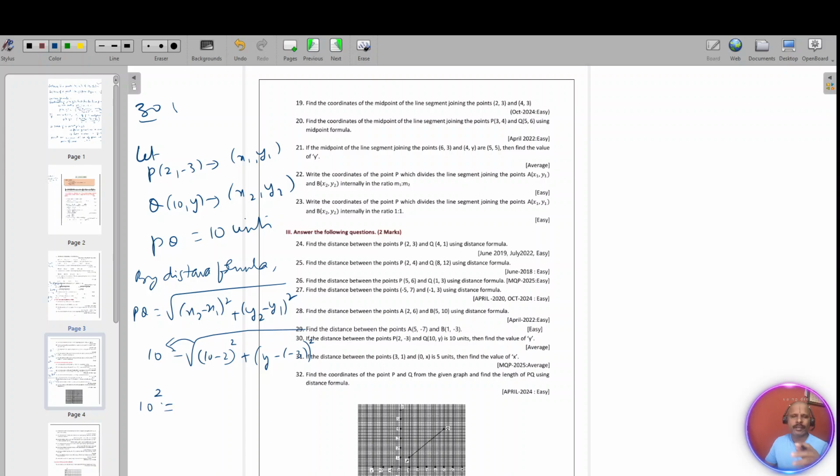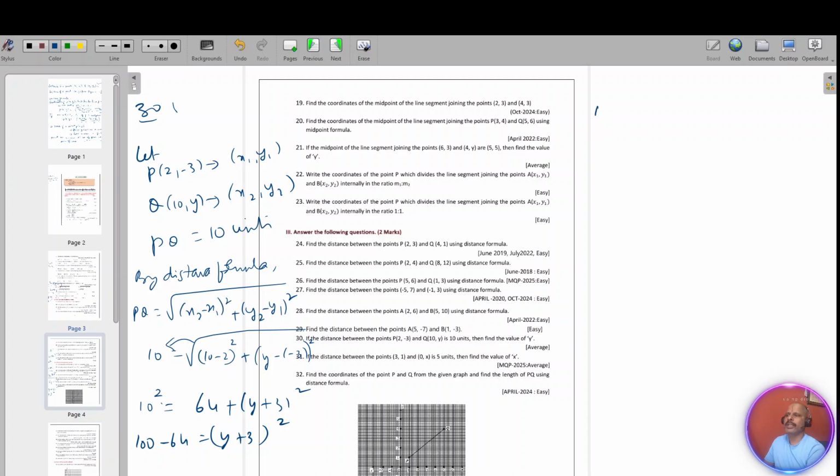Square root across the equal sign gives square, and similarly a square becomes square root. So 10 minus 2 is 8, 8 square is 64, plus y plus 3 whole square. So 100 minus 64 is equal to y plus 3 whole square.